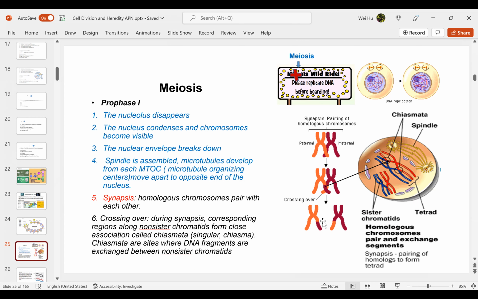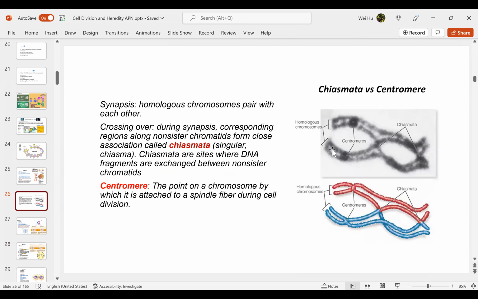This can occur anytime, in any place. Okay, good. Crossover. So here, what you can see is this is the centromere. So this is two crossovers. That's why I said it can happen in any location.